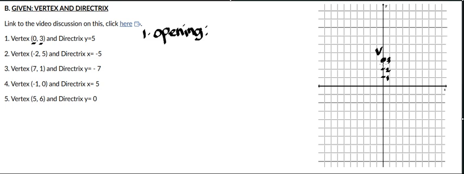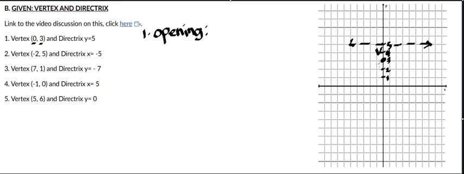We are now going to identify the directrix, which is y equal to 5. So from 3, moving up, 4, and then 5. The directrix is at y equal to 5, passing through the y-axis there. So that is now the directrix and the vertex.